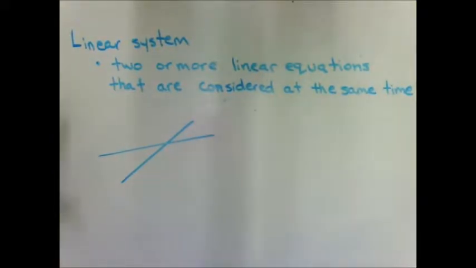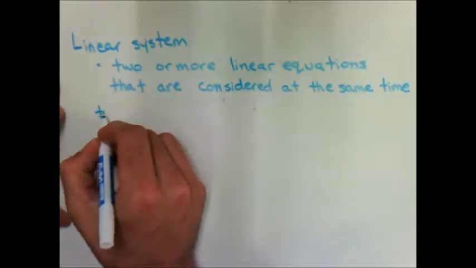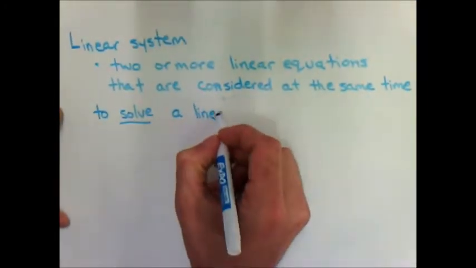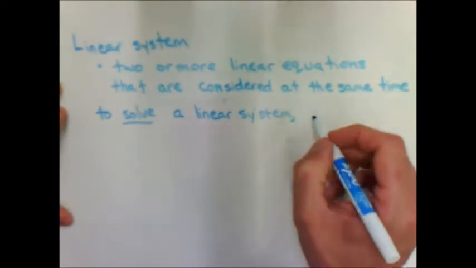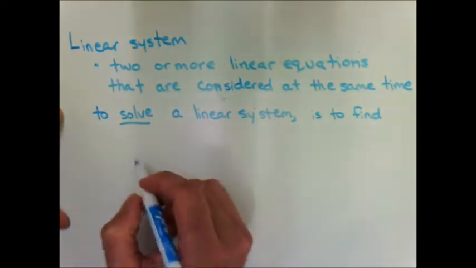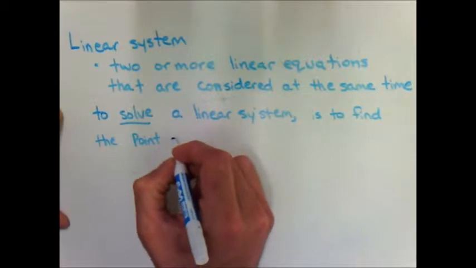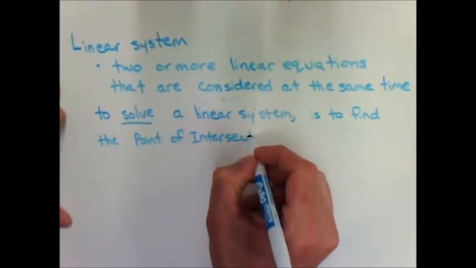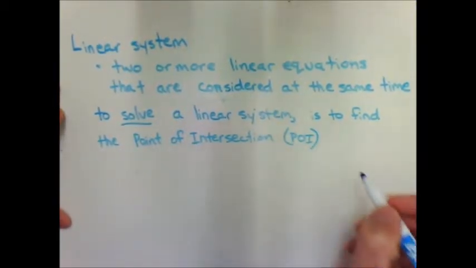To solve a linear system is to find the point of intersection, which I will call POI, point of intersection.